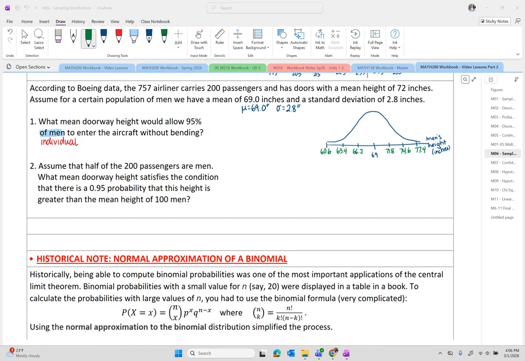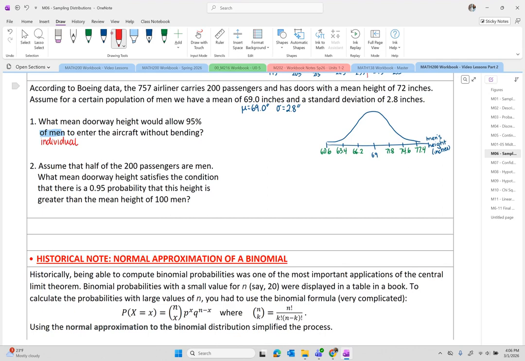And they are basically asking us for the 95th percentile, because it says what mean doorway height would allow 95% of men to enter the aircraft without bending. So we would like 95% of the population to be able to pass through a particular height.